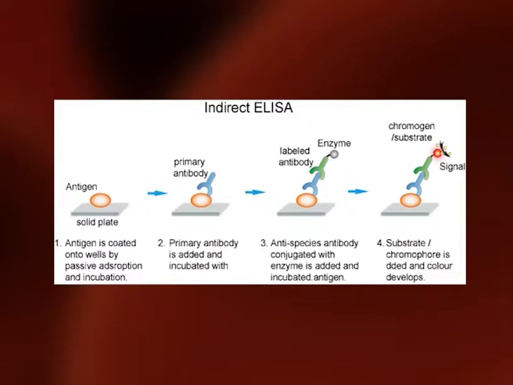Unbound secondary antibody is then washed away and a specific substrate for the enzyme is added. The enzyme hydrolyzes the substrate to form colored products. The amount of the colored end product is measured by spectrophotometric plate readers that can measure the absorbance of all the wells of a 96 well plate.